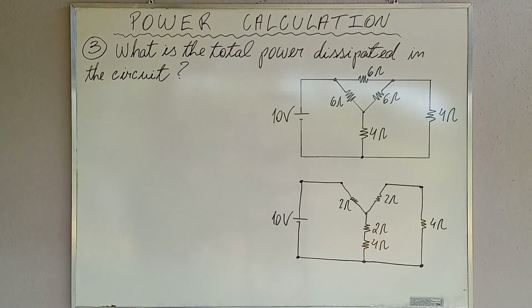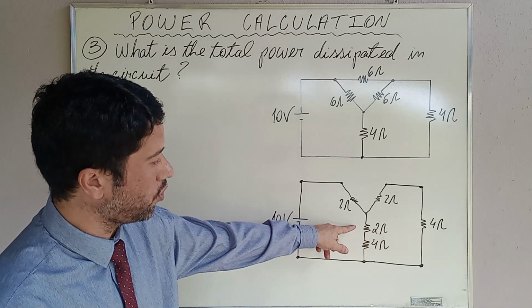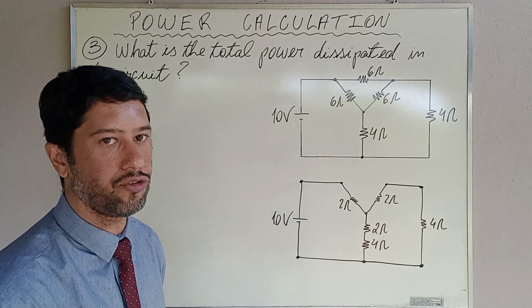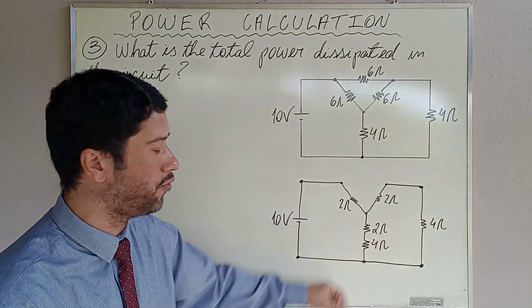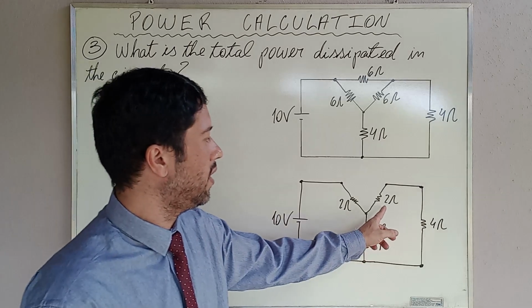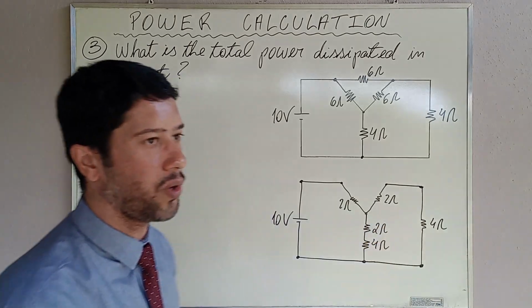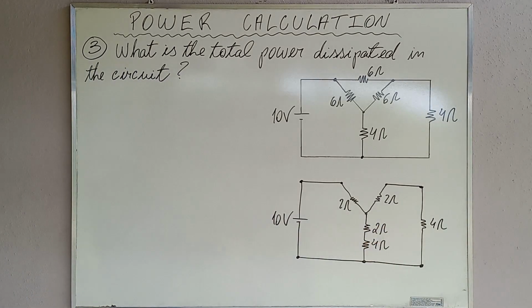And how can we calculate the equivalent resistance? Firstly, we observe that there are 2 series connections between a 2 ohms resistance and a 4 ohms resistance. Observe here the series combination between this 2 ohms resistance and this 4 ohms resistance, and the series combination between these 2 ohms resistance and that 4 ohms resistance.